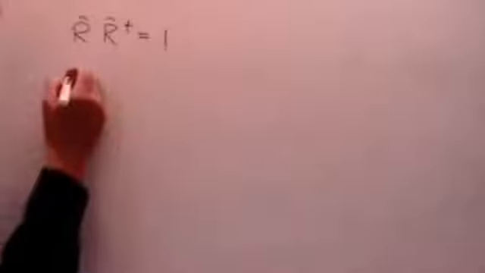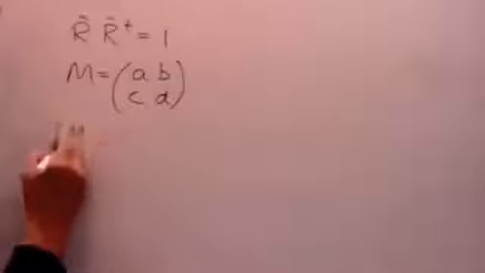Now we've said that R, the rotation operator, is a unitary matrix, which means that R R dagger equals 1. There is a thing called a special unitary matrix, and the special unitary matrix has a determinant of 1. I'll explain what I mean.